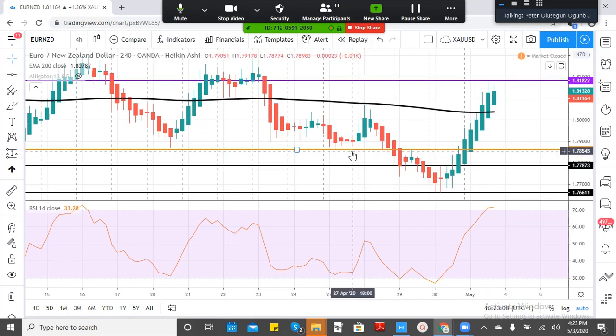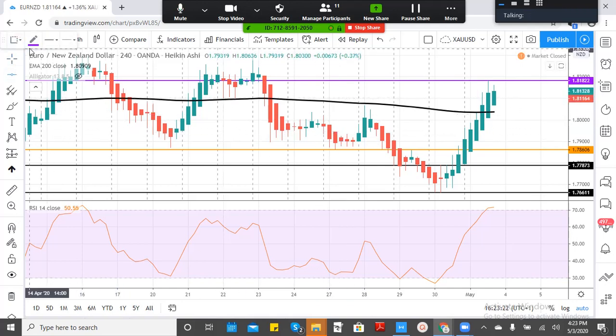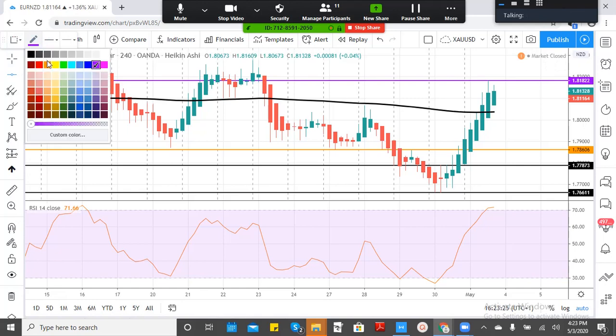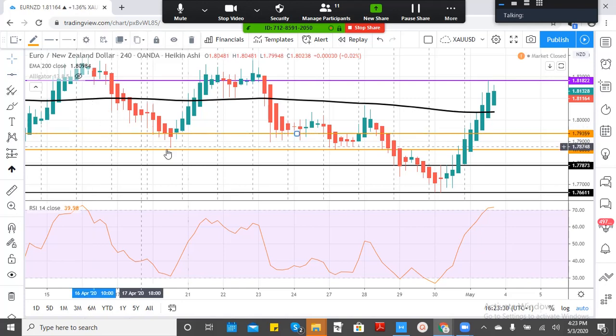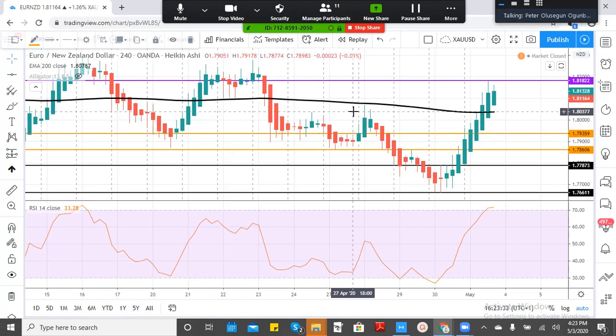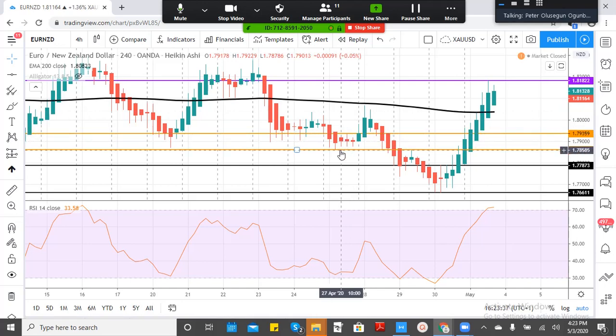Like, if anybody had wanted to trade this zone, this was the support here, and this would have been the resistance here. So that was the height, which is the resistance here, and which is the support that the price is resting on.